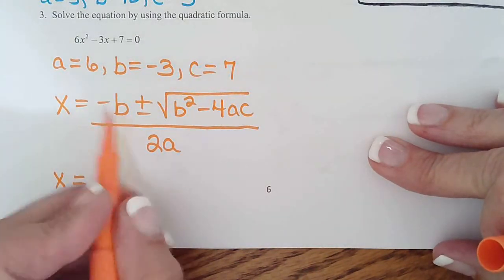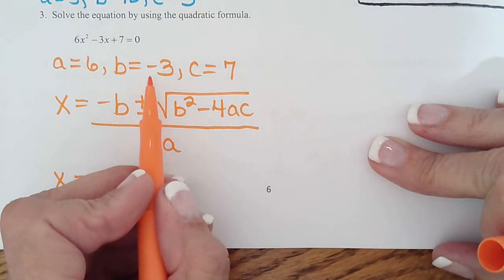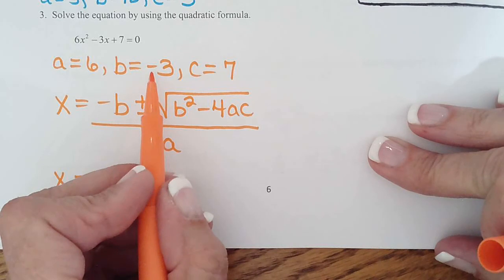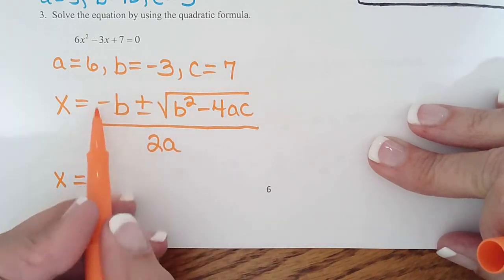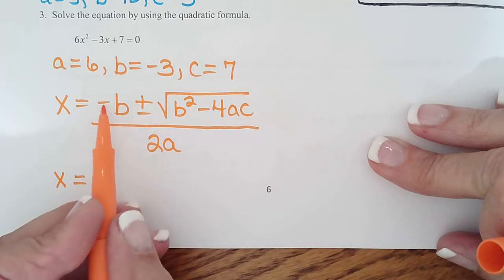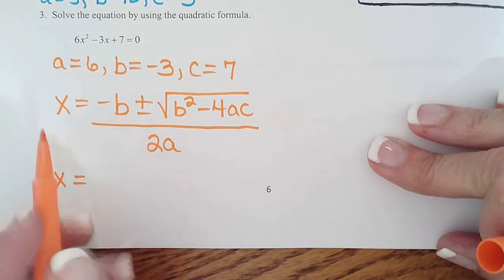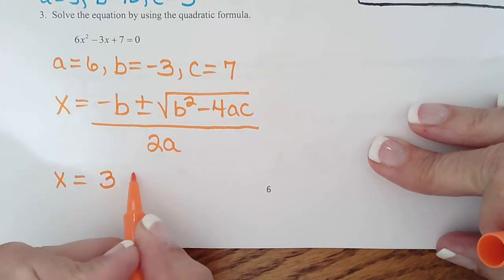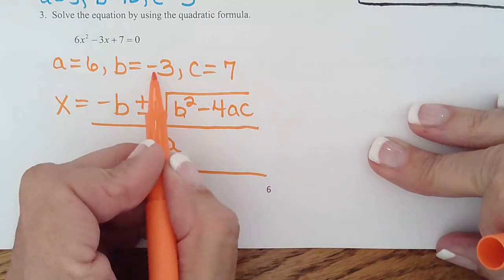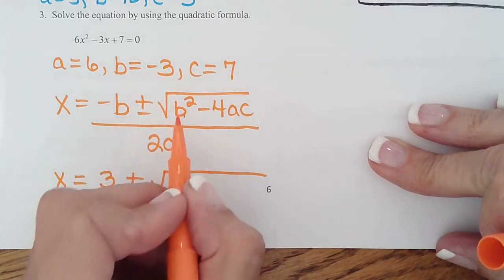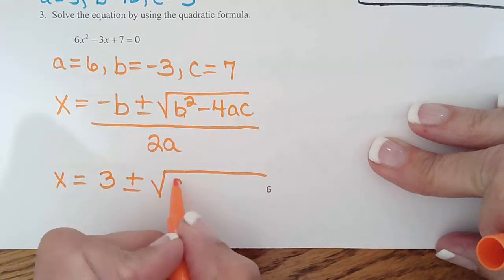So opposite of b, look closely. We haven't done one like this yet. B is -3 this time. So this should be +3 because this is read opposite of b. So +3 plus or minus b squared: -3 times -3 is +9.